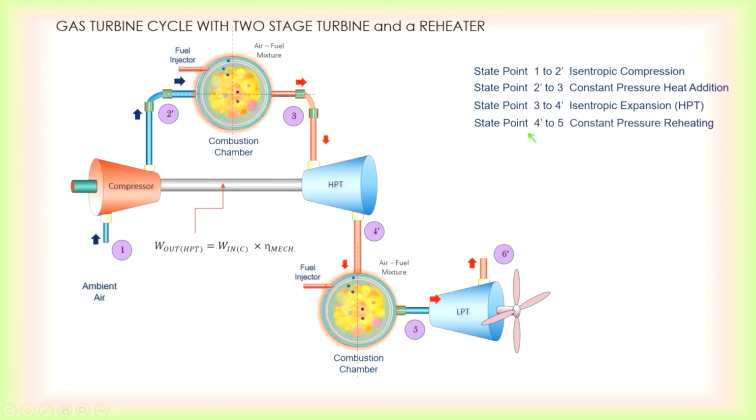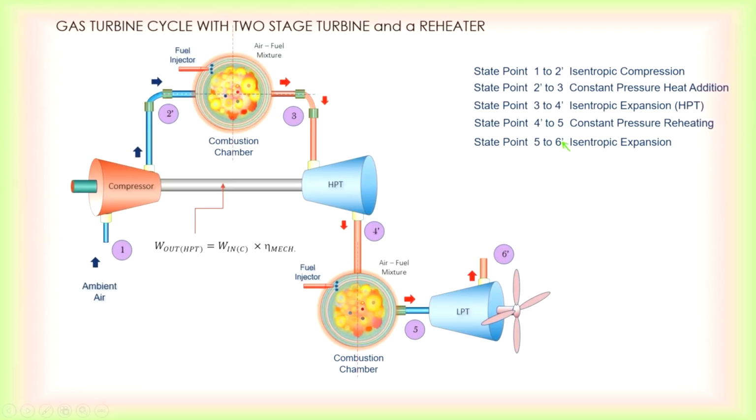And then state point 4 to 5 is another constant pressure heating, and we call it reheating. That is the second combustor, or the second combustion chamber. Then state point 5 to 6 would be your isentropic expansion through the low pressure turbine.